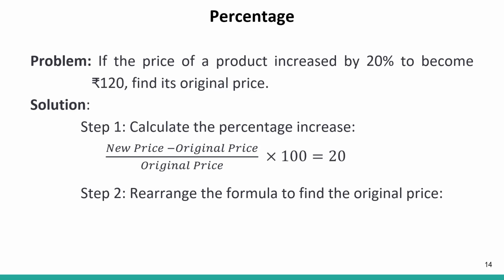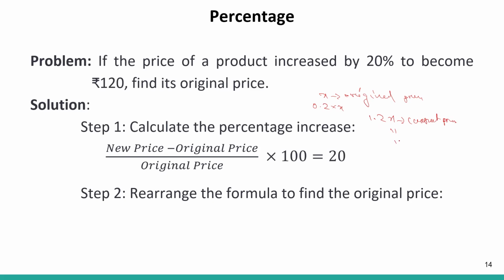So originally let the original price be x. 20% of x is 0.2 into x. So what is the current price? 1.2x, because x plus 0.2x is the current price.